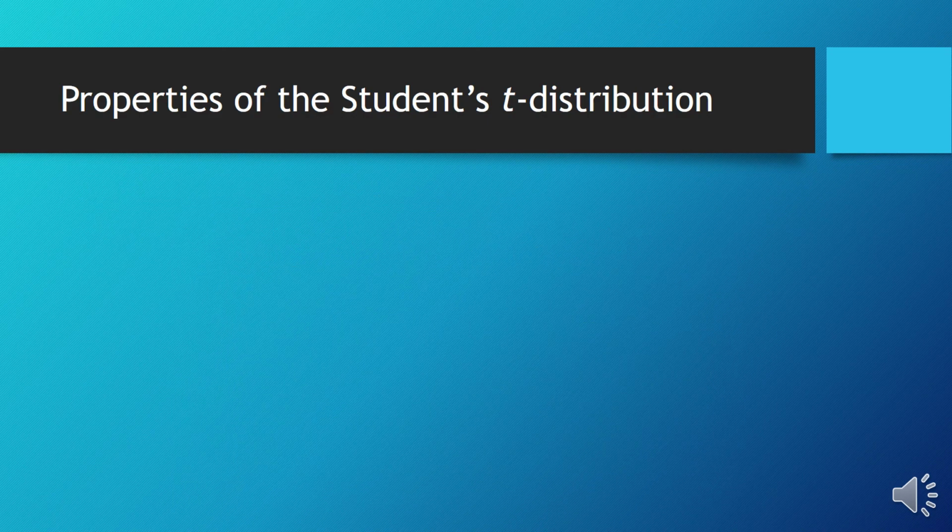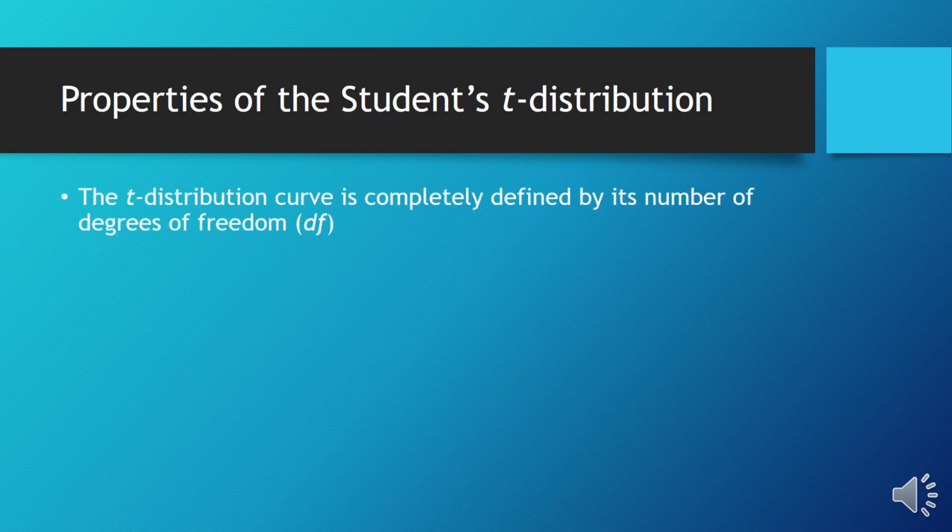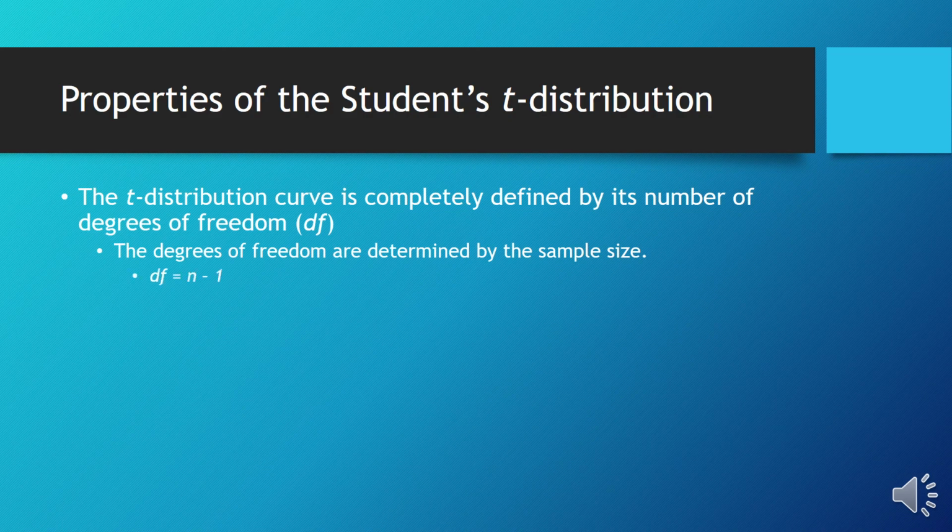We could talk more about why they're called degrees of freedom, but for the purposes of this class, what you should know is that the degrees of freedom are determined by the sample size: degrees of freedom equals the sample size minus 1, where the sample size is represented by the lowercase n.